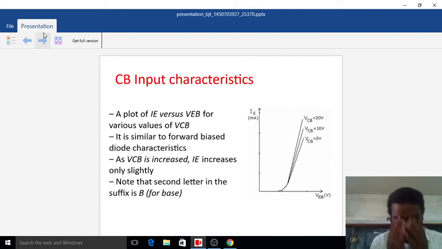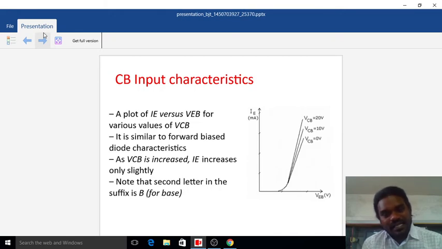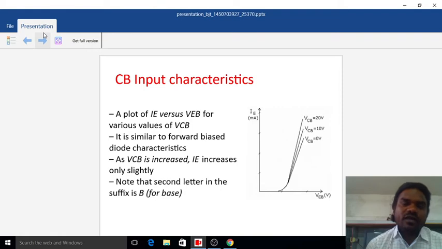Generally, we have to remember the definition of the input characteristics. Input characteristics are a relation between the input voltage and input current by keeping the output voltage constant. You have to remember this definition. Input characteristics provide a relation between the input quantities only.